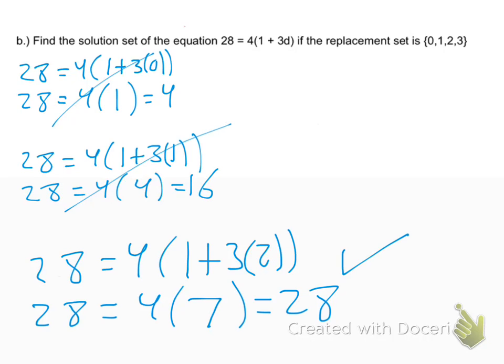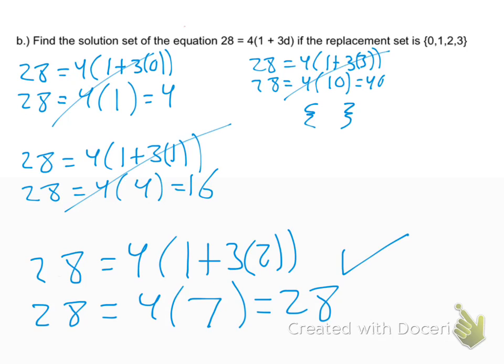We also have to do 3, so 28 equals 4 times 1 plus 3 times 3. 28 equals 4 times 9 plus 1, 10, which is 40. No. So our solution set would include what number? 2. Not too bad, right?